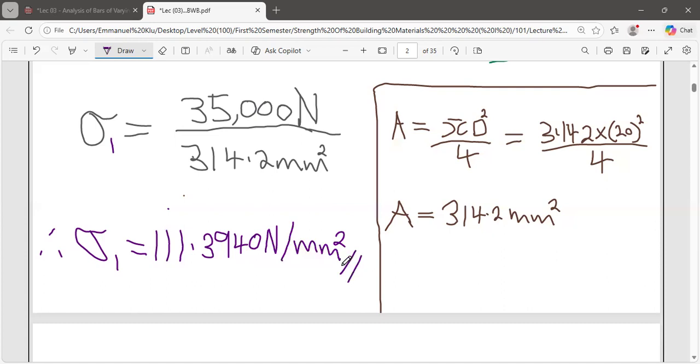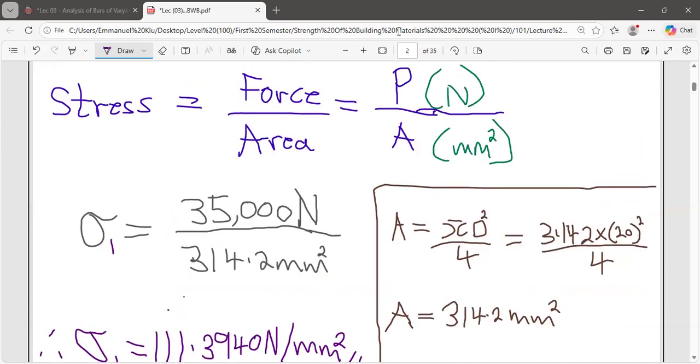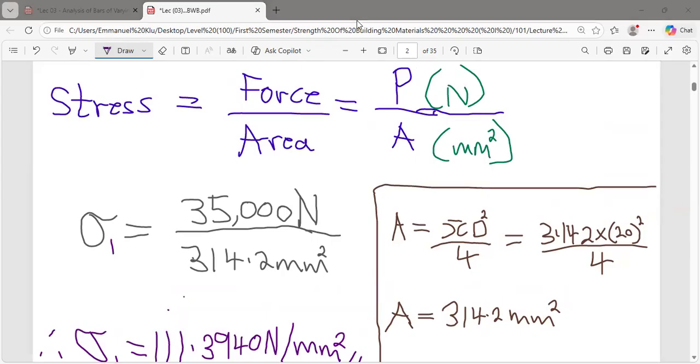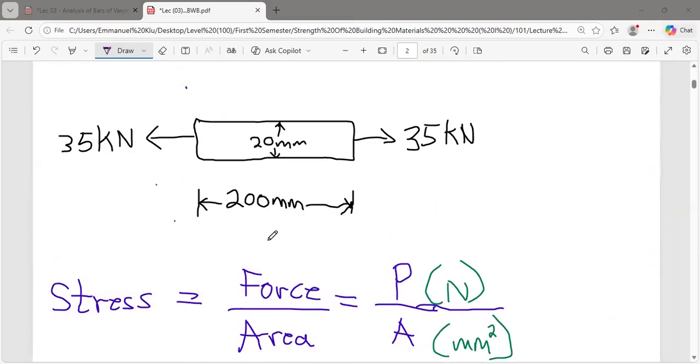So we are done for the first one. We are done calculating for stress 1. That is the stress at section 1.